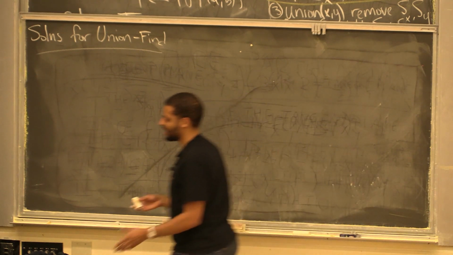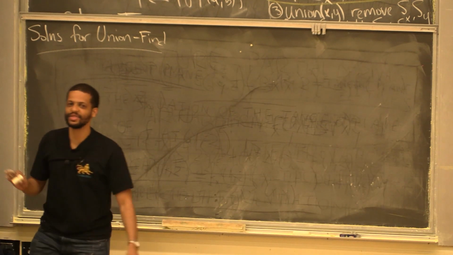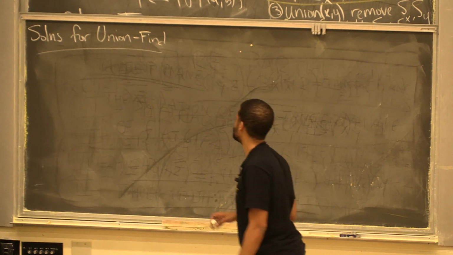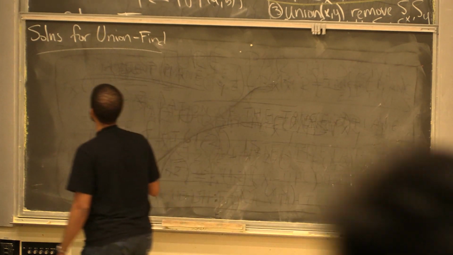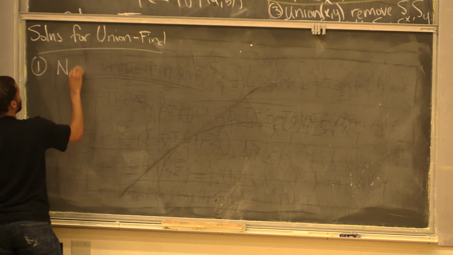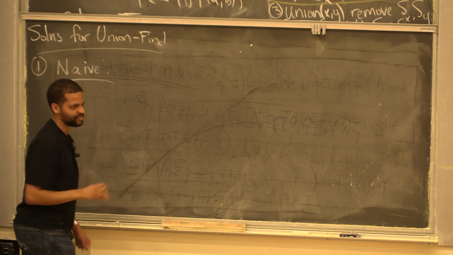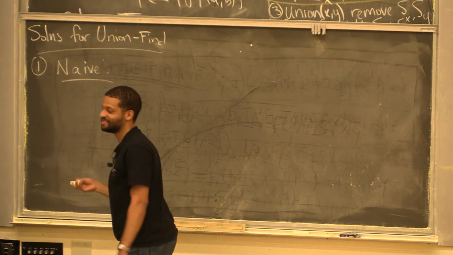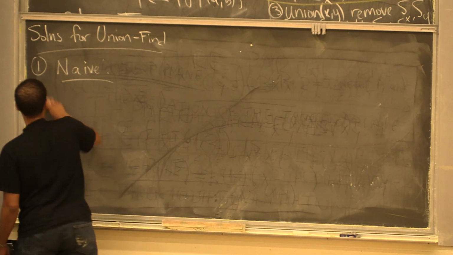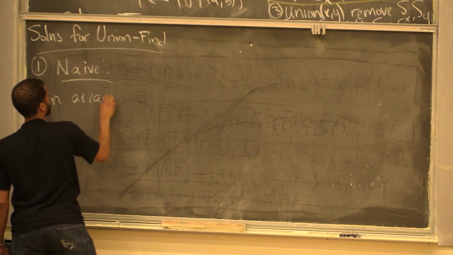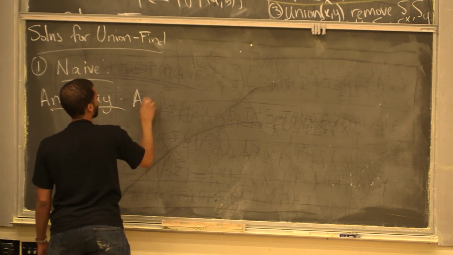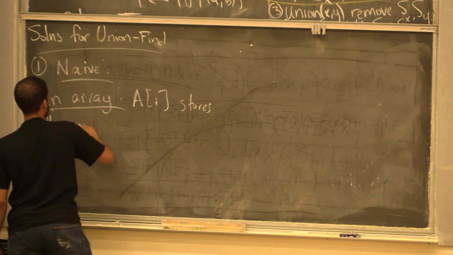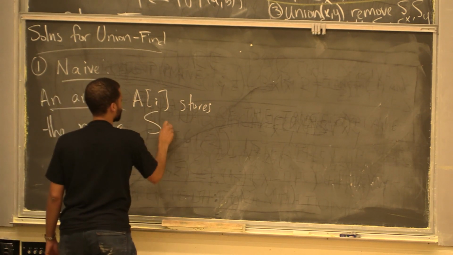So I always like to consider what's the most naive solution that doesn't require me to think a lot. Okay. So let's say, really naive, is an array where A[i] stores the name of the set containing i.